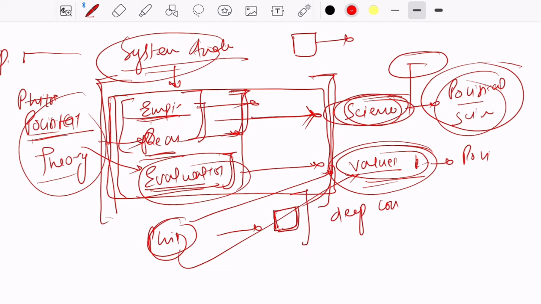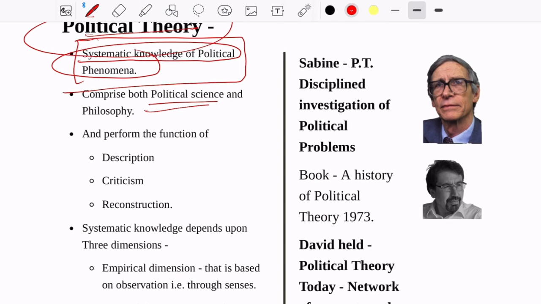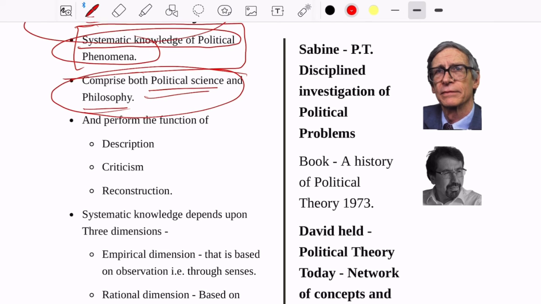That means it tries to collect data, collect different observations, and upon that it tries to draw a particular theory. So that is political science, and value based judgment creates political philosophy. So we can say that political theory contains both political science and political philosophy.